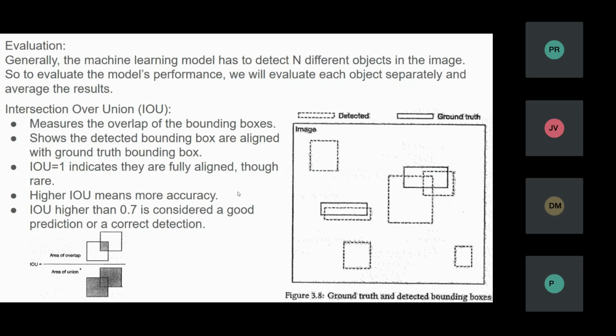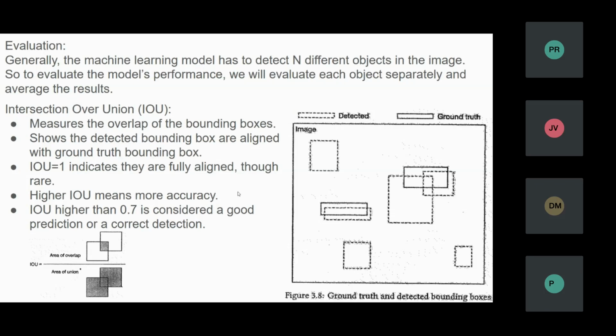But how should they be calculated? The overlap of the ground truth and the bounding box predicted by the ML model is to be calculated, or the intersection of both the ground truth, the actual value, and the bounding box of the model.